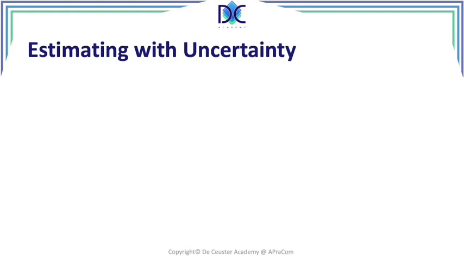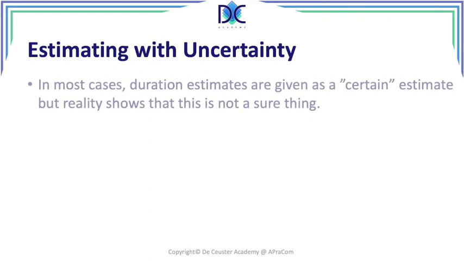Now, most estimations at the beginning were done as certain. The time given to finish an activity was considered to be certain. And reality shows us when we look around, it's not a really sure thing. We never know if it's really certain or not.